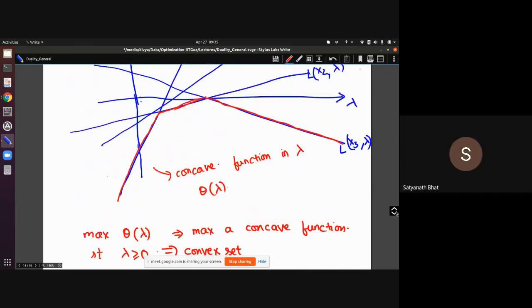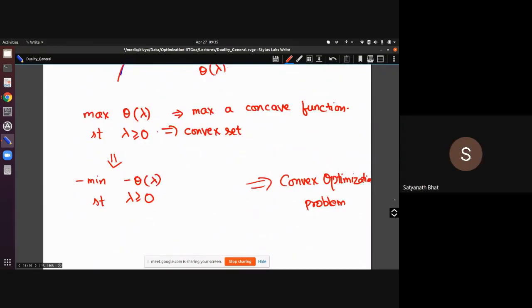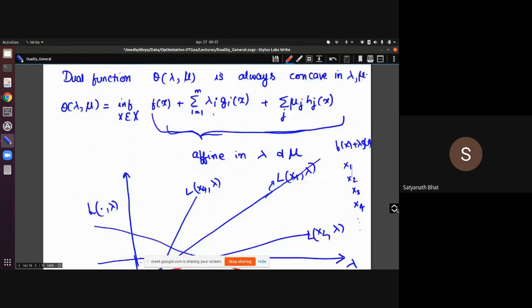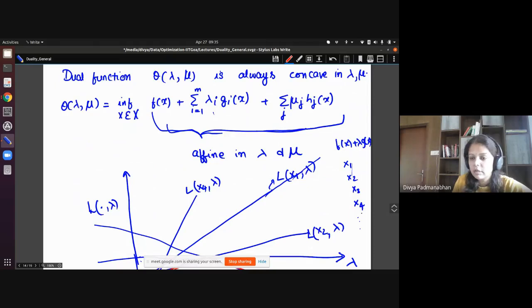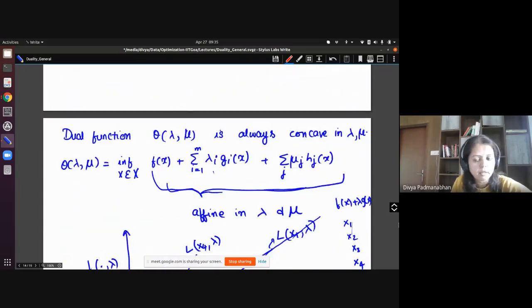Okay. So I have a question here. Yes, you got infimum here because the primal had that form. If the primal has a different form, this will be supremum. So then what will happen? If the primal, you mean, is a max of f of x, is it?